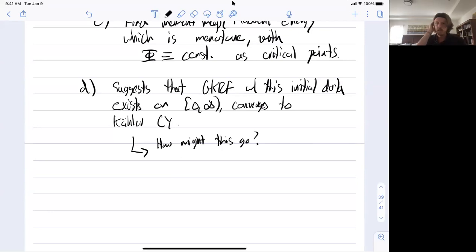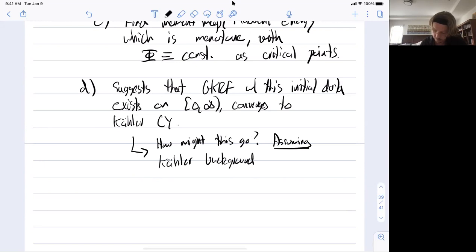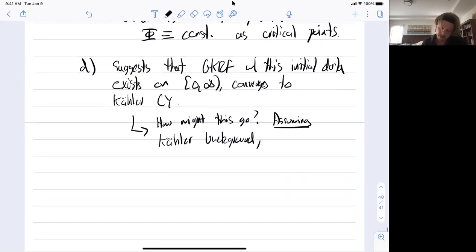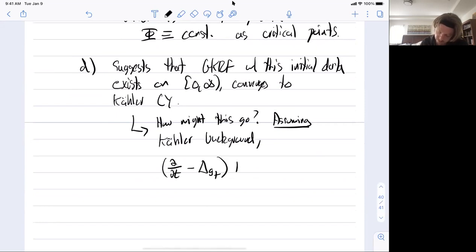Well, at the very least, assuming Kähler background, well, actually, I'm saying this a little bit out of order. So we would expect this same behavior that we've seen in all the cases so far, that the heat operator applied to this Ricci potential is just 0.